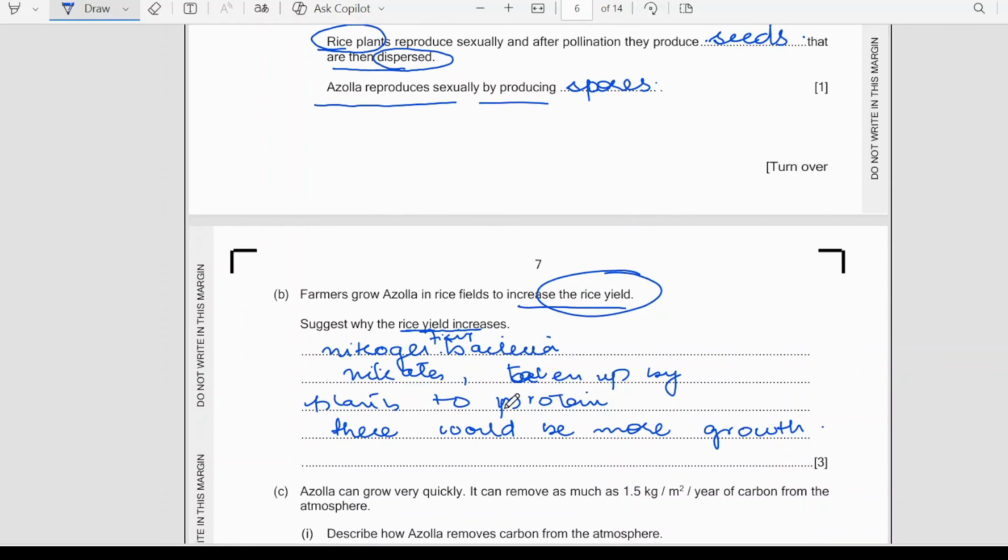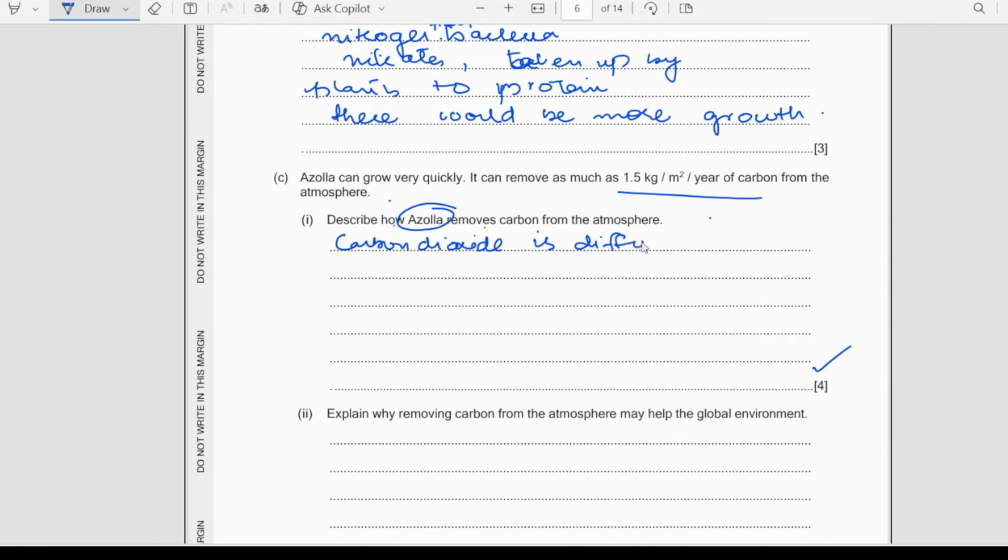Yes, exactly. You have to give it like for 4 marks. Carbon dioxide.